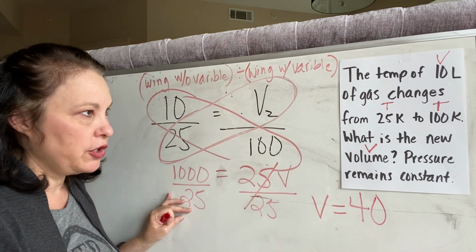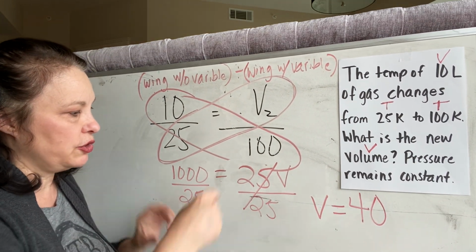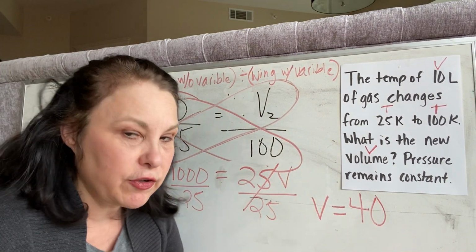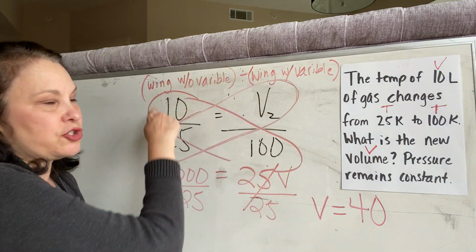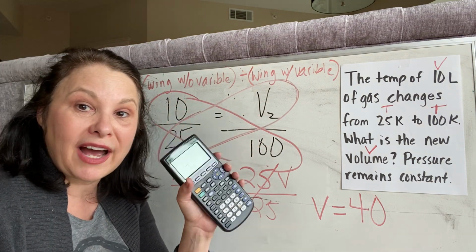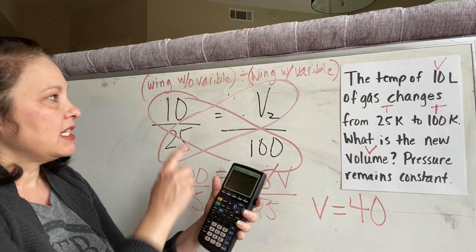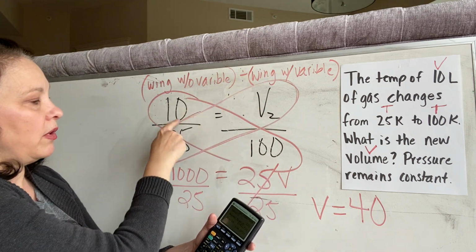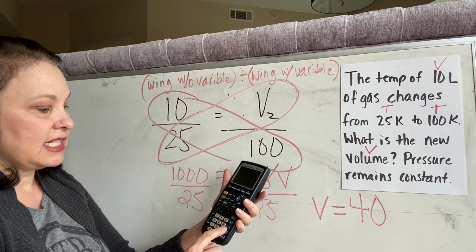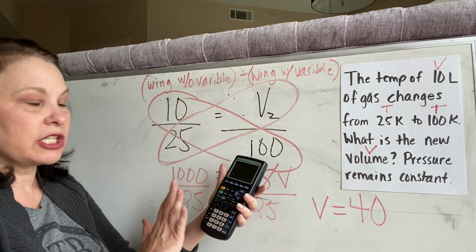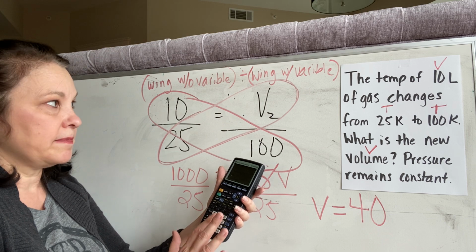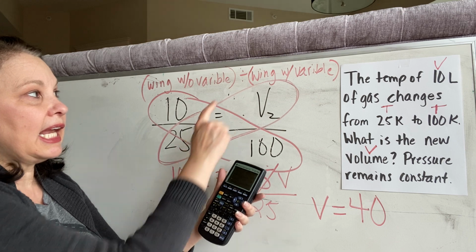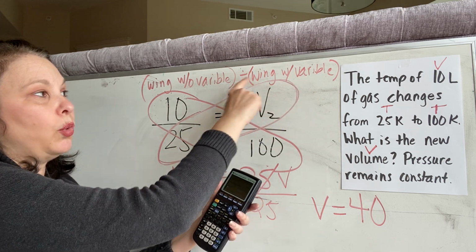But I want to show you this without having to write it down. Whenever you have your wings drawn like this, all you have to do is enter it in the calculator this way. The wing without the variable, that was my 10 times 100. You just leave it in your calculator, okay? Divided by, and then remember we're going to do our wing with the variable.